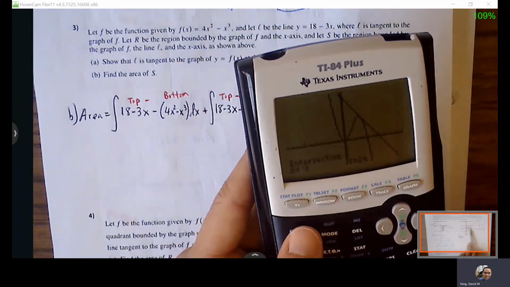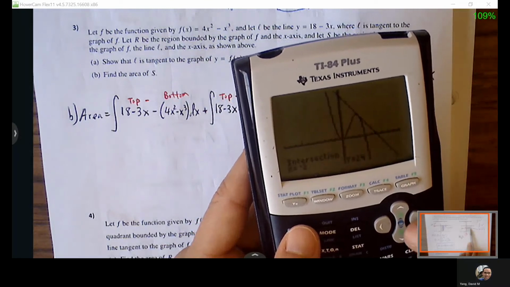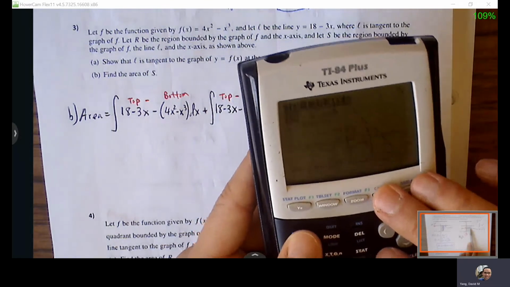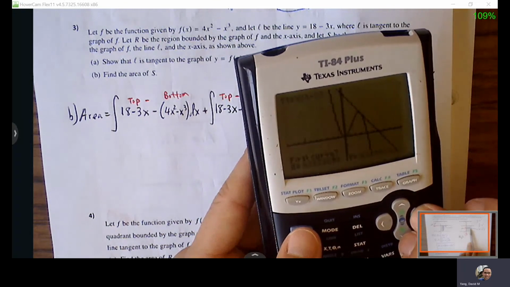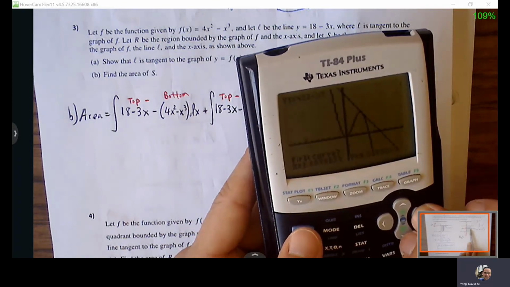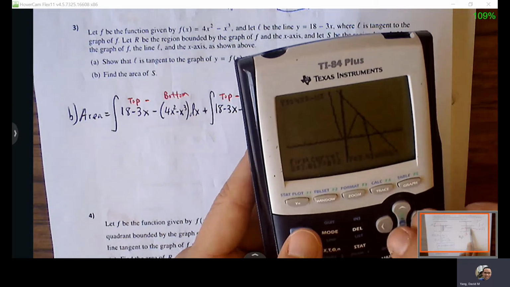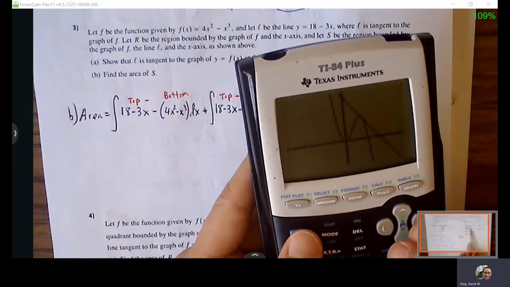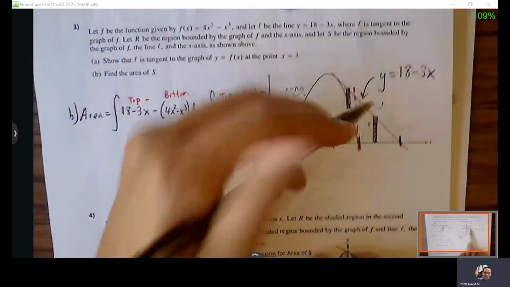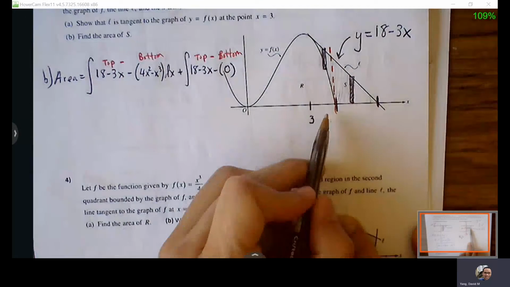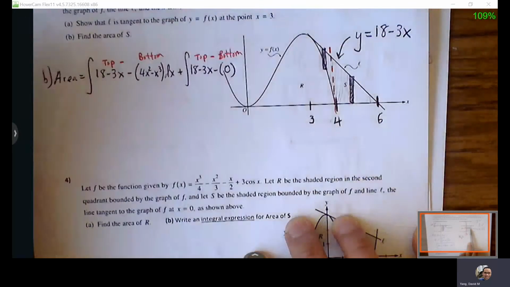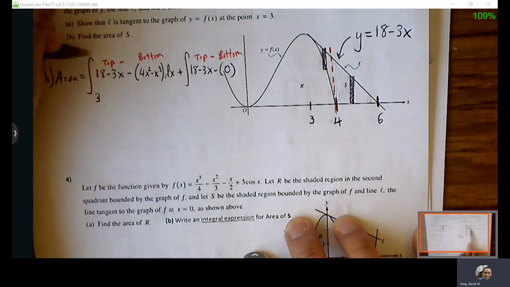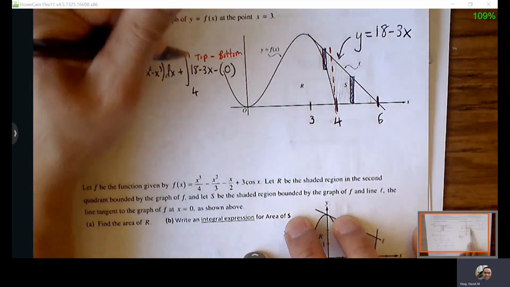It should be at 3. I don't know why it's not giving that to us. Okay, sorry, it should be at 3. The x-intercept here is at 4, and then the x-intercept here is at 6. So from 3 to 4, and then from 4 to 6.